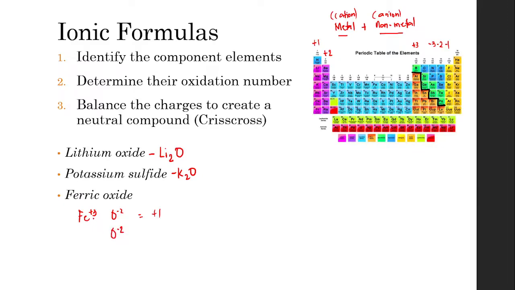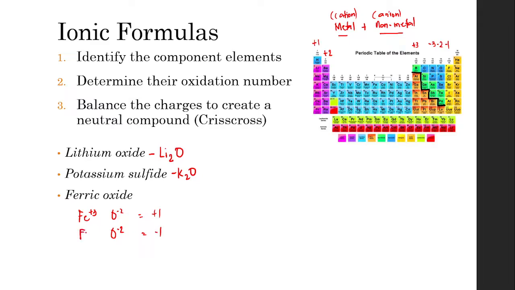Now we have +3 and we have -4. So +3 plus -4 gives us -1. We're missing one more negative, which means we need one more positive.